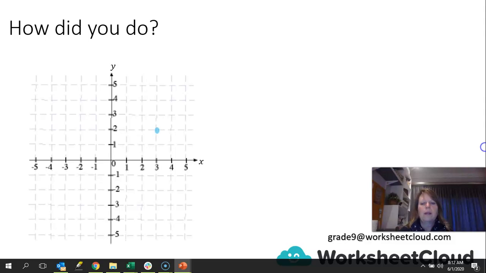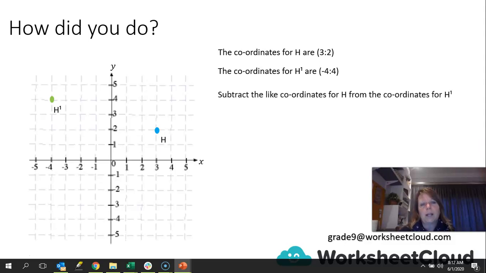Here's the Cartesian plane. We were given our two values. There's h where it's 3, 2, and h1 where it is minus 4, 4. Okay, what do you do to work out the rule? We're going to subtract the like coordinates for h from the coordinates for h1.